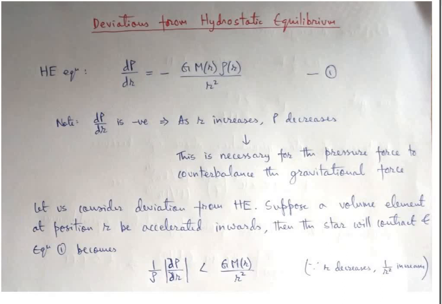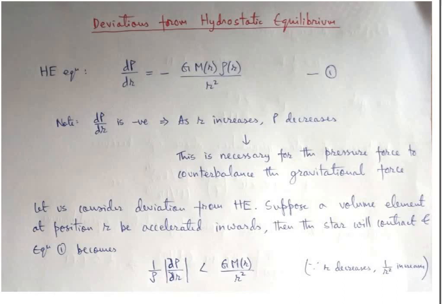This I would like to talk about now, and after that I will talk about what will happen if there is no hydrostatic equilibrium at all. So let's first start with a small deviation. Here you can see this is your equation of hydrostatic equilibrium, right?